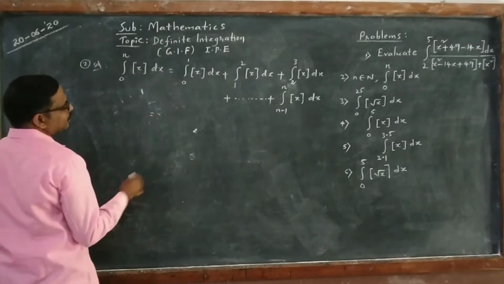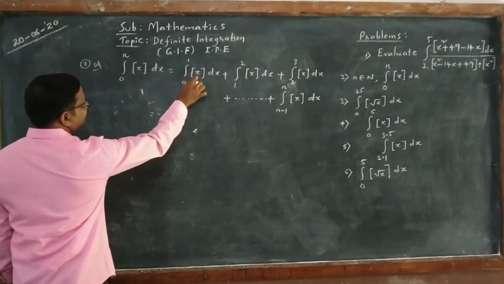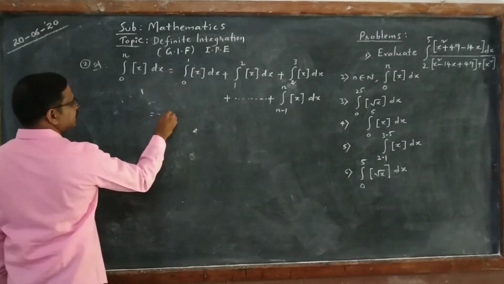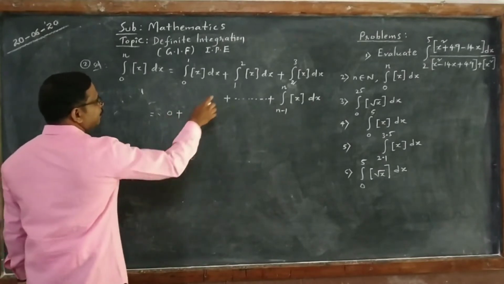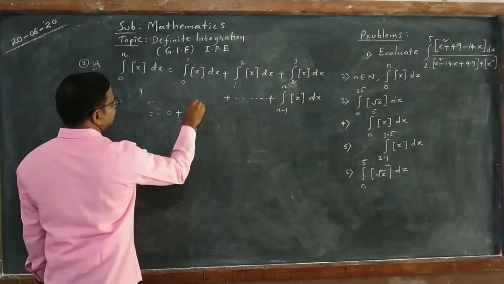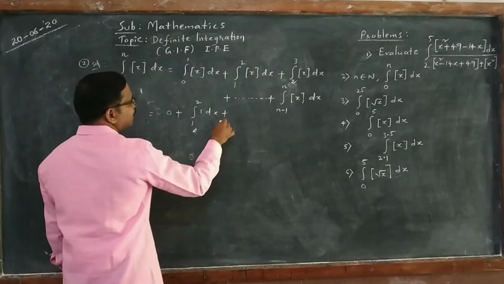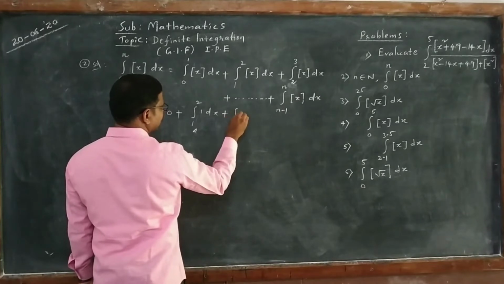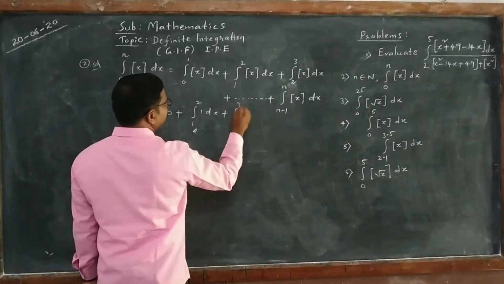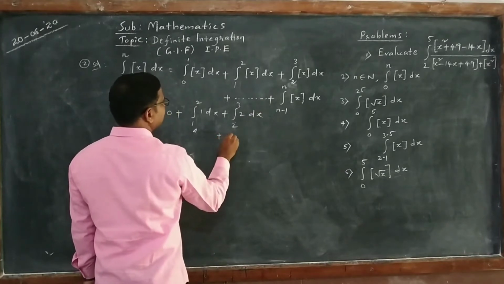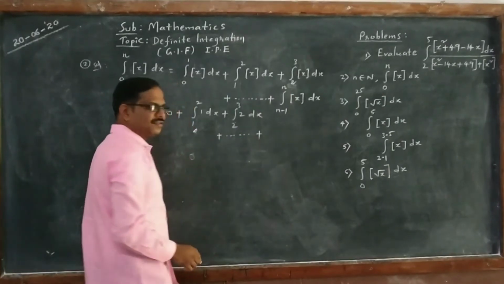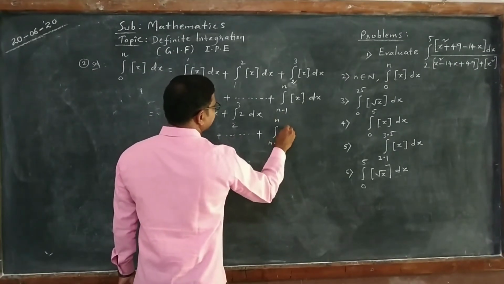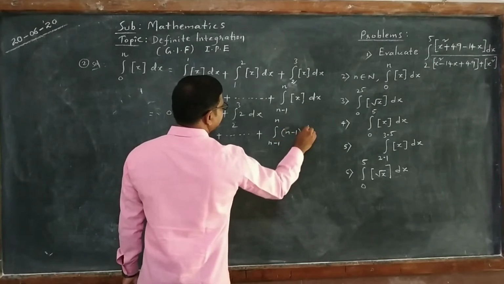Now I am going to take the integration. The value of [x] when x lies between 0 and 1 is 0, plus between 1 and 2 the value is 1 dx, plus between 2 and 3 the value is 2 dx, and so on, plus between n minus 1 and n the value of [x] is n minus 1 dx.